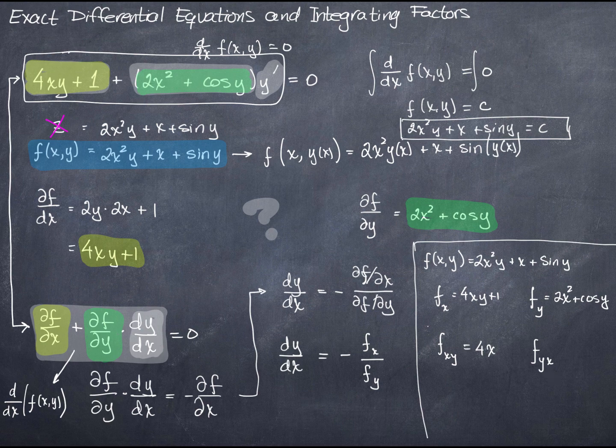Now I'm going to take the partial derivative of this first derivative, but this time with respect to x. And when I do that, I'm holding y constant. So y is a constant, cosine of y is a constant. So I just need to take the derivative of this term here, and I get 4x. And notice that these two are equal.